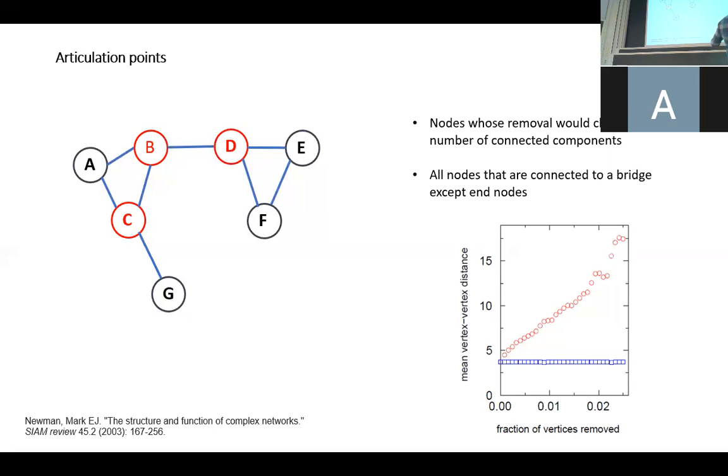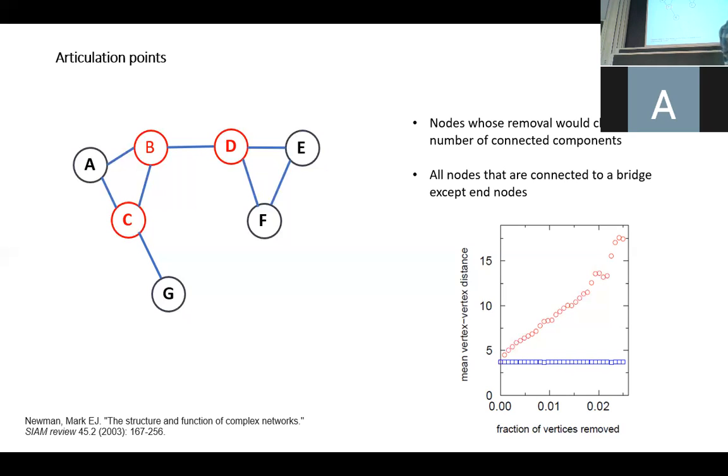How is the distance changing as a function of removed nodes? The blue squares are the ones where I choose nodes randomly and eliminate them. You see that in a very large network, it doesn't change at all. If I remove one node, they will find their way through another and the distance won't change much.